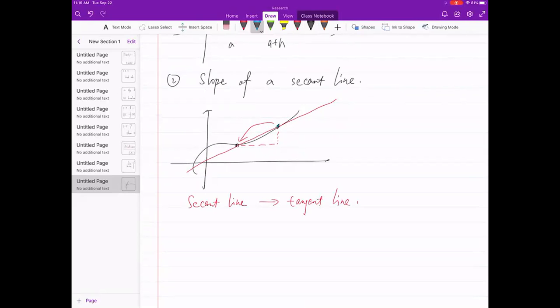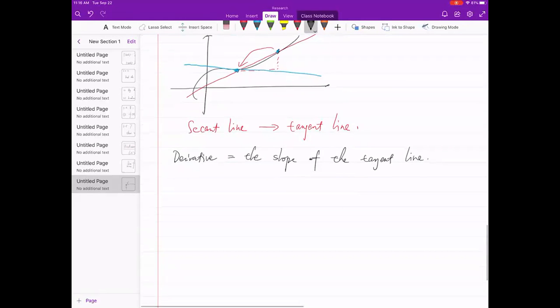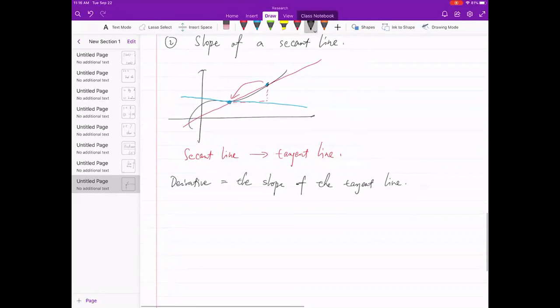Which means eventually this point moves all the way to overlap with this one, and then your changing rate will be this. So the derivative, which is the changing rate, equals the slope of the tangent line. They're talking about the same thing. Still okay?